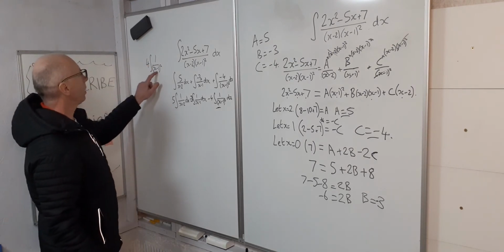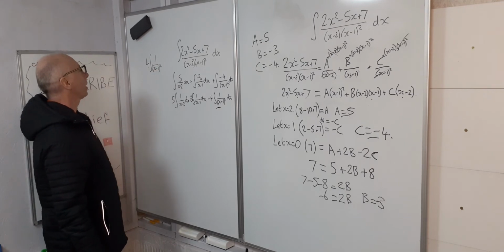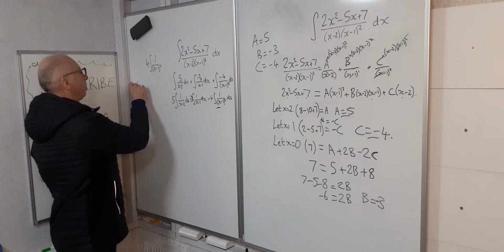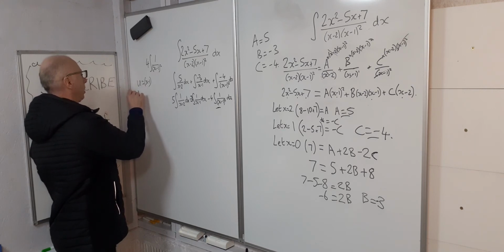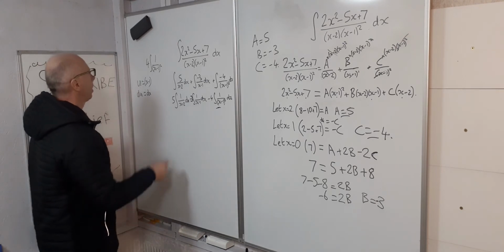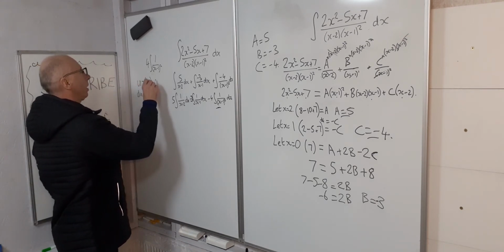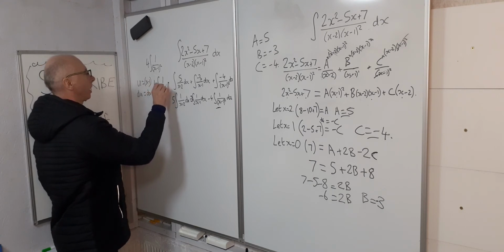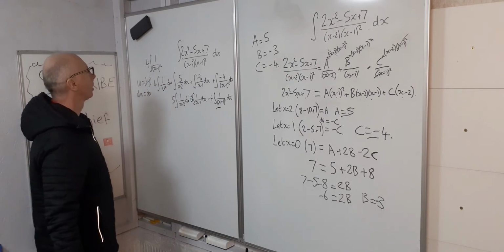So what we do is a nice little u sub here for what's inside the bracket. So we let u equal x minus 1, du equals dx. Substitute the u into here. So we've got 4 times the integral of 1 over u squared, now with respect to u.